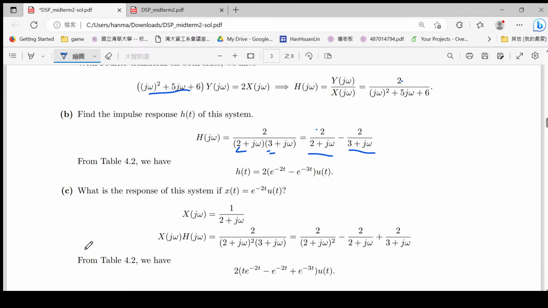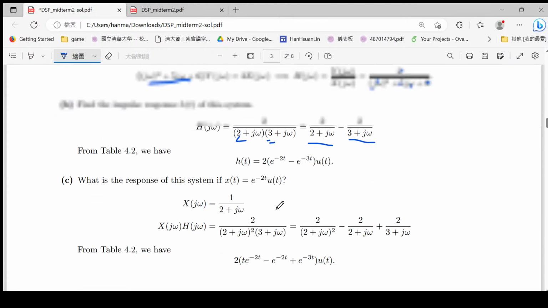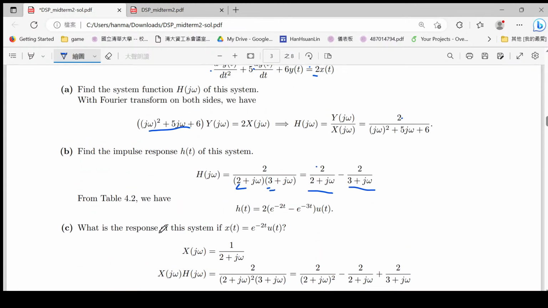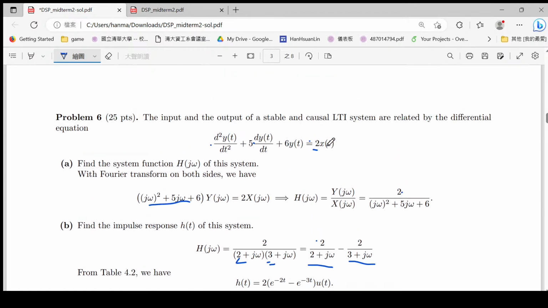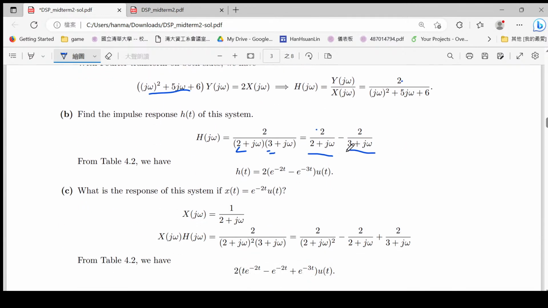And the last one is a bit trickier, but also not too bad. So we have our x, another thing that can be partial fractioned: e to the minus 2t u of t, and obviously big X is 1 over 2 plus j omega.